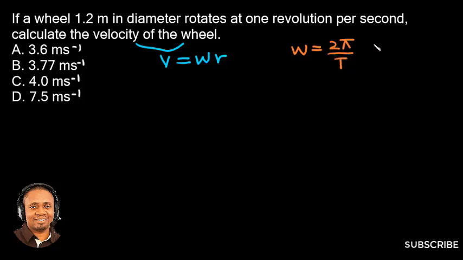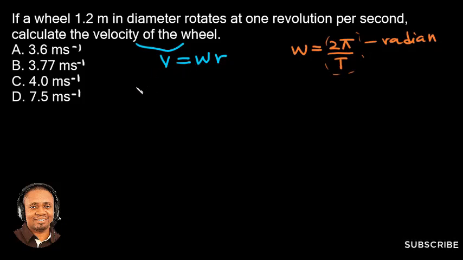The 2 pi is the radian, which is the complete revolution per time. Good. So now we're going to substitute this for the angular velocity in this equation.